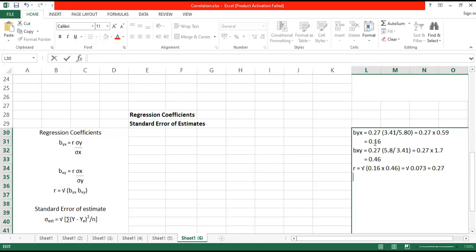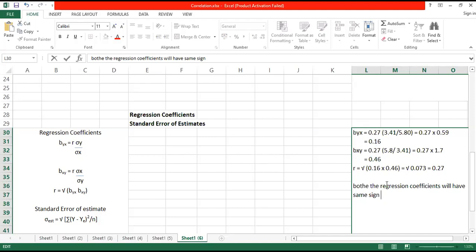One more property is, both the regression coefficients will have the same sign. Same sign means, if b of yx is positive, b of xy is also positive. If b of yx turns up as negative, b of xy also has to turn up as negative only.